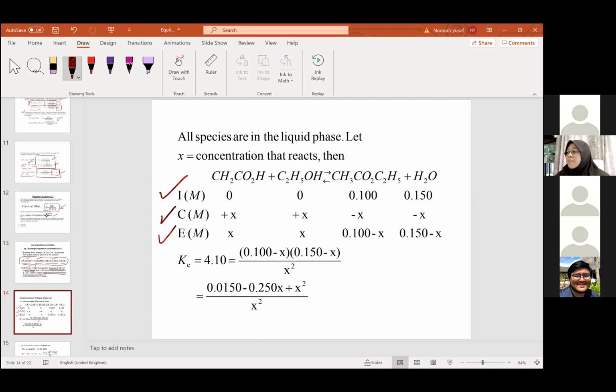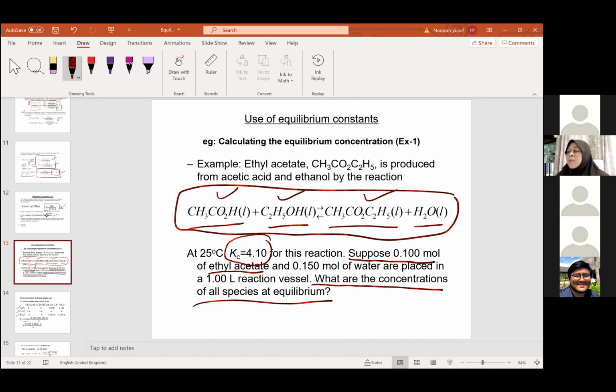So that's why you can use this table, because you wish to retain the value of Kc, because Kc given to you is for the forward reaction. It's not for the reverse reaction.